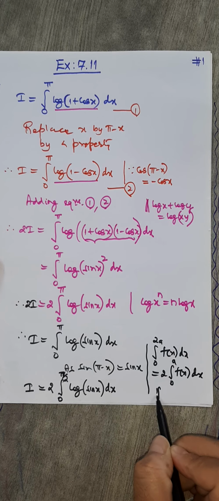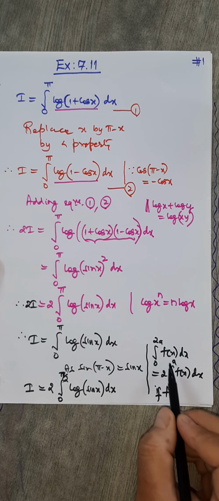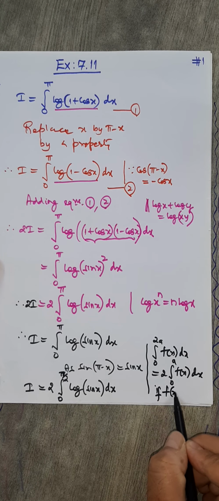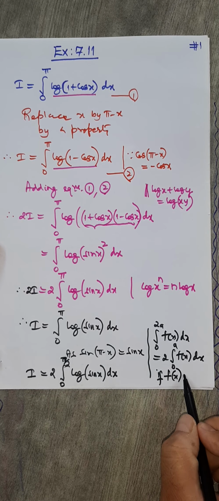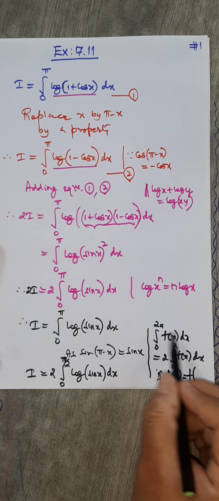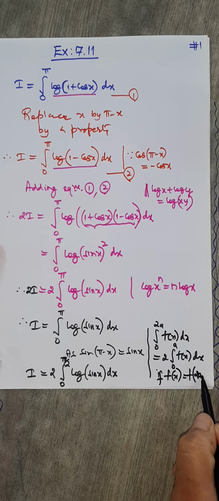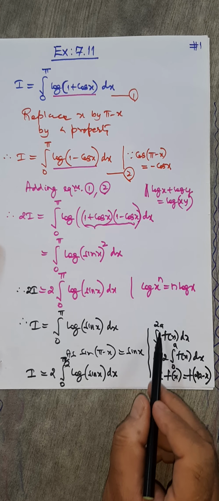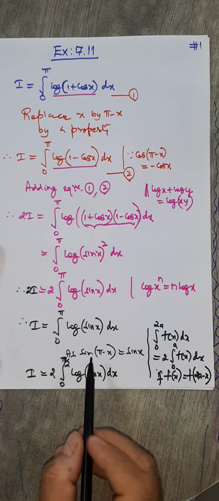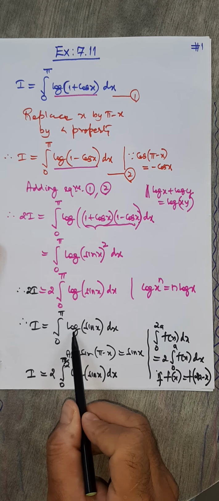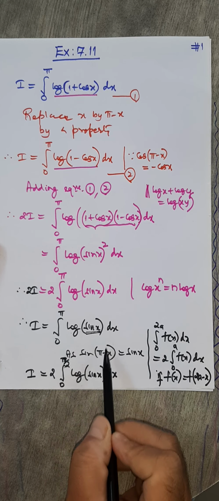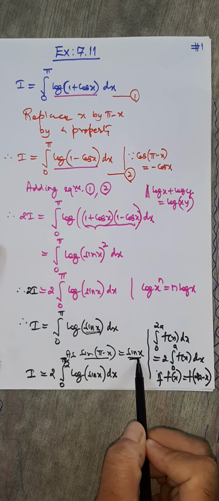If f of x is the same as f of 2a minus x, that's what is happening here. Log is not important; sine of pi minus x is the same as sine x.